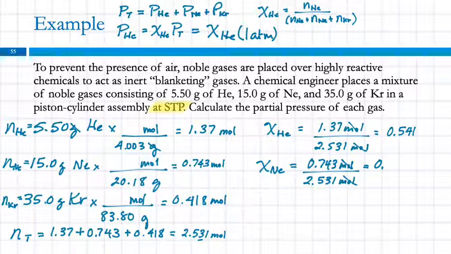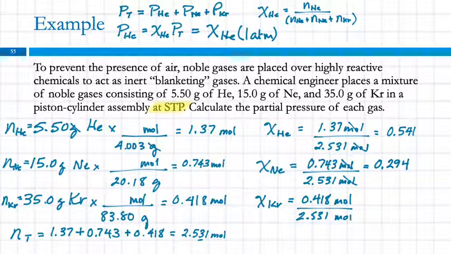So this is 0.294. And then for krypton, .165.